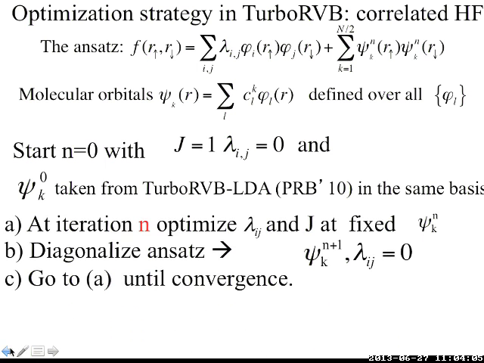Then you optimize lambda ij, because this is a perfectly legitimate way to represent it, at most redundant. If you take this fixed and optimize this, you can do it, of course with the requirement that the whole matrix has only N half non-zero eigenvalues. It's a restriction on the rank.